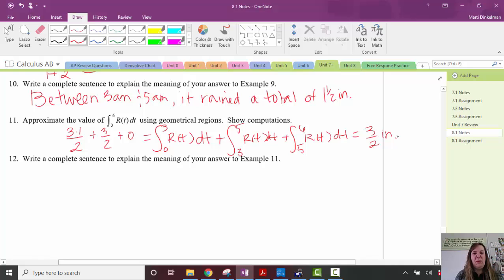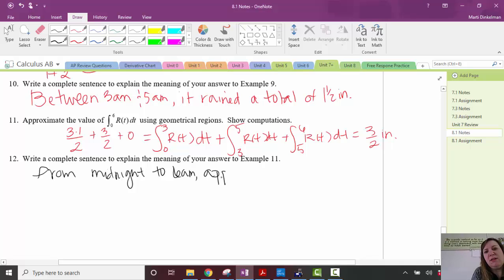So we probably want to say something about approximate, and let's see when. This is during the 6 hours, or from midnight to 6 a.m. or something like that. So from midnight to 6 a.m. I'm going to sneak in that word approximately.